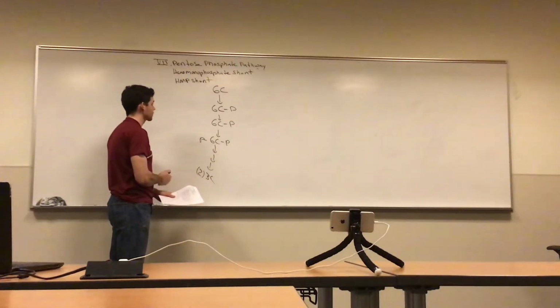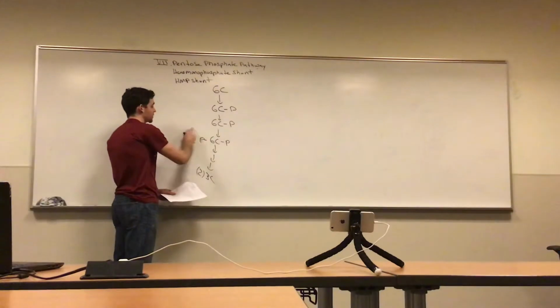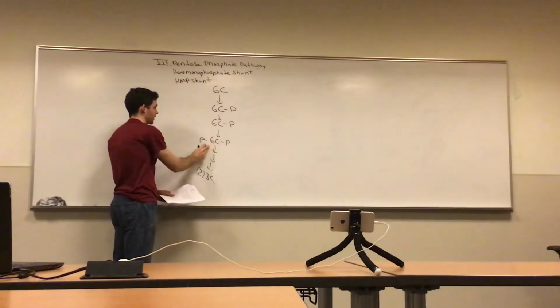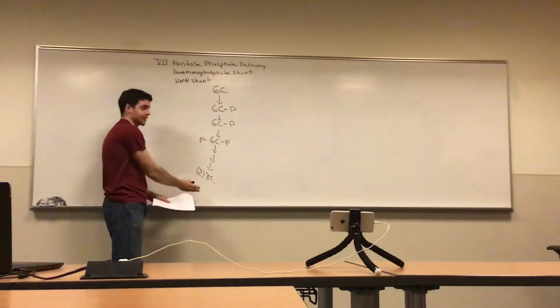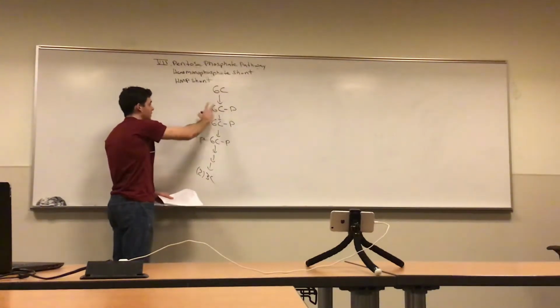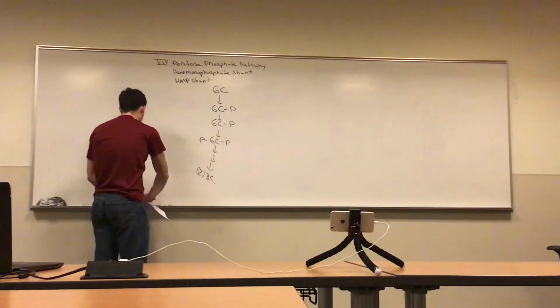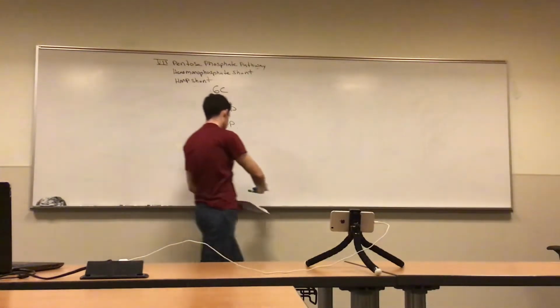So once phosphofructokinase does its thing and we get fructose 1,6-bisphosphate, we're committed. But before that, we get to use these in other pathways, and this is one of those other pathways.